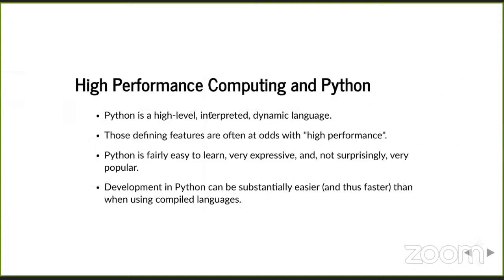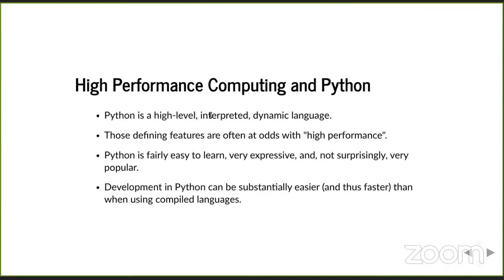Okay, so let's talk about high performance computing and Python, because there's a bit of an issue here. Python is a high-level interpreted and dynamic language, all of which are features of non-high performance languages. They're often at odds with it. And we'll see exactly why, but basically you pay for all of the convenience.